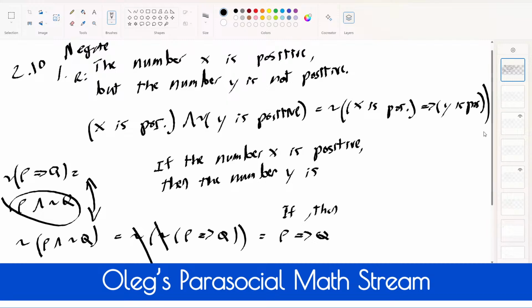Make sure I did this right. So I pulled that out and converted that to P implies Q with the not existing on the outside now. So the X is positive and the not Y is positive. X is positive implies Y is positive should have the same value as X is positive and Y is not positive.